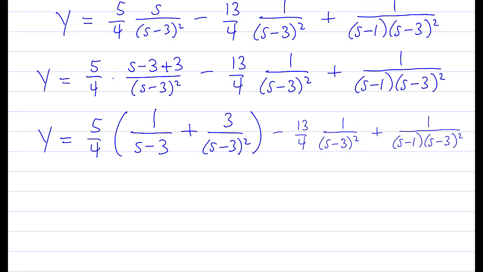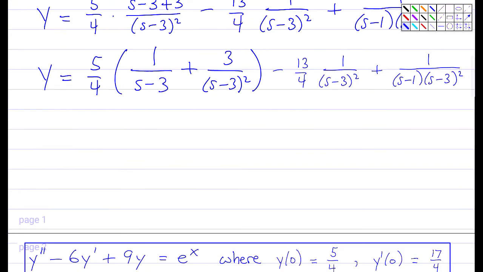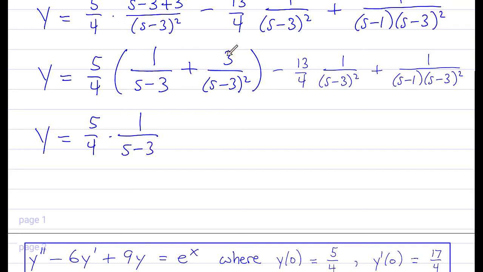Okay, let's simplify this a little bit because I can take this term and add it to this term. Okay, so I'm going to get y equals 5/4 times 1 over s minus 3. Okay, I'm going to get this times this, that's 15/4 minus 13/4.